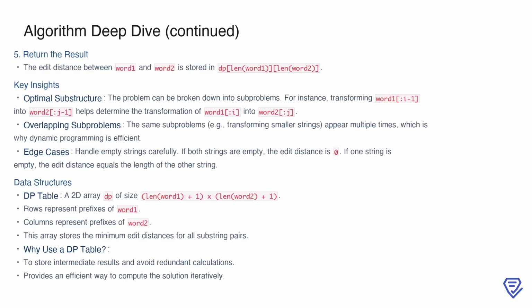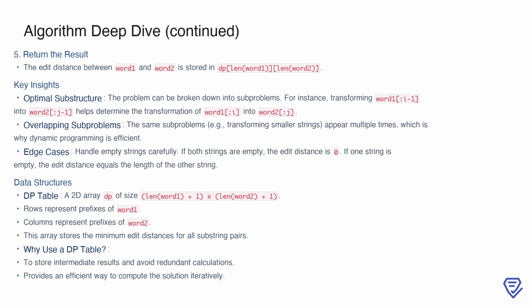The key insights behind this algorithm are rooted in dynamic programming principles. First, the problem exhibits optimal substructure, meaning it can be broken into smaller overlapping subproblems. For instance, transforming smaller substrings of word1 and word2 provides the foundation for solving the larger problem.